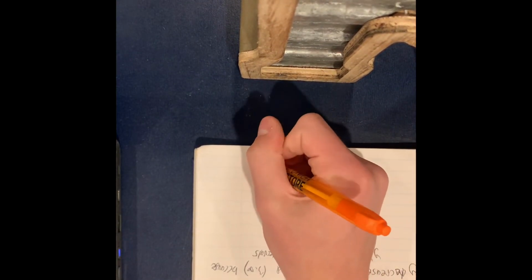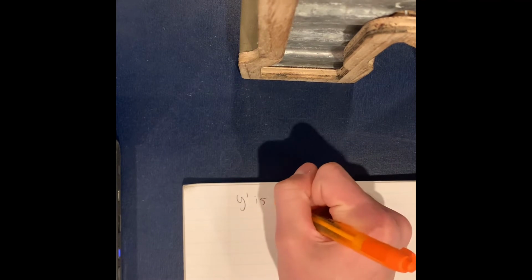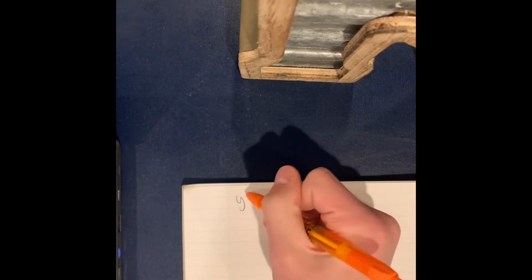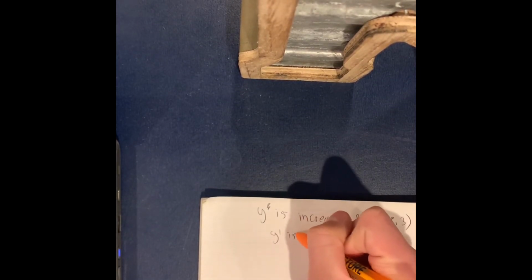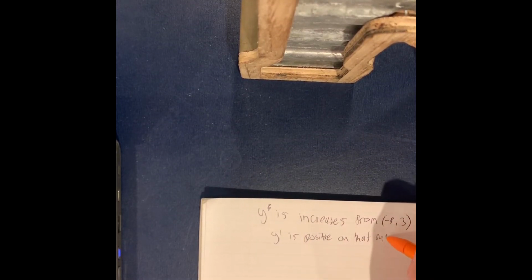Okay, I'm just gonna flip it around. And then we know that y prime, or no, y is increasing from negative 8 to 3, because y prime is positive on that interval.